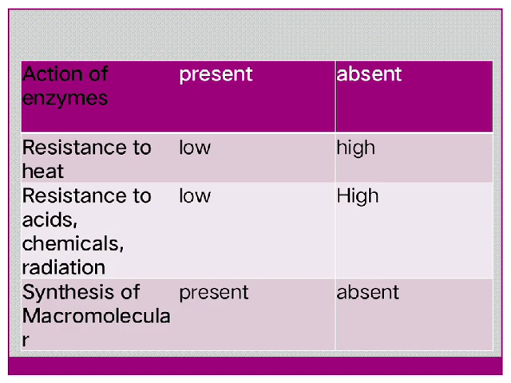Resistance to acids, chemicals, radiation: in vegetative cells it is low, in endospores it is high. Synthesis of macromolecules: in vegetative cells present, in endospores it is absent.